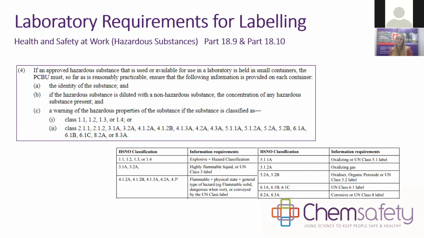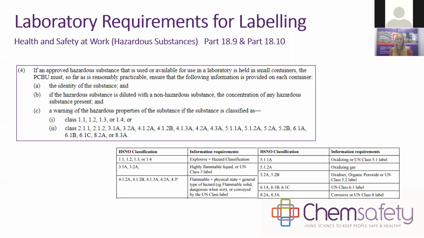Approved substances will have the information required already available as the chemical has been assessed. But this isn't always the case because labs are allowed to have unapproved substances. This might be because it's something that's created in the lab or something that's imported for research purposes.